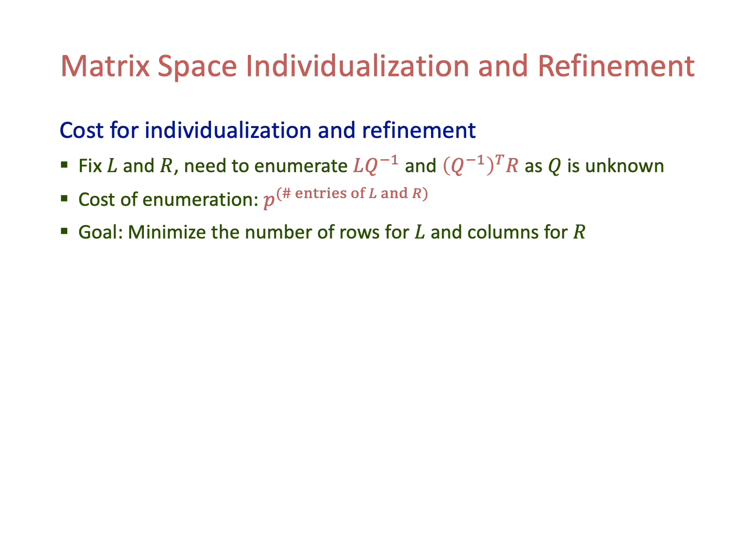Since the possible left and right matrices for another space can be arbitrary, we need to try all the possibilities, which are exponentially many in terms of the size of individualization matrices. So, it is desirable to minimize the size of the individualization matrices to minimize the cost of this approach.